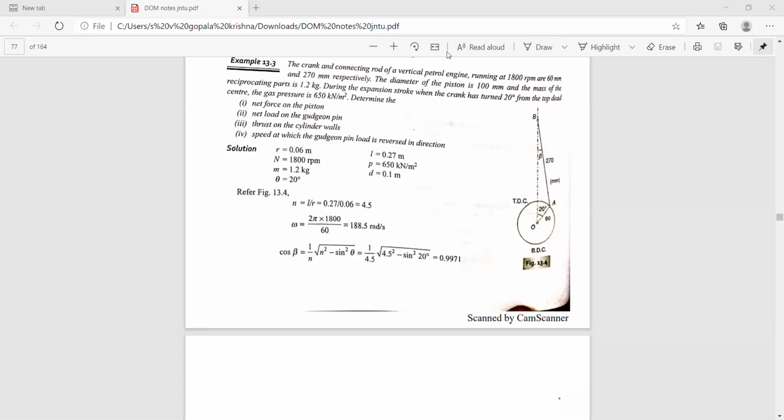From the problem description, write down the given values.